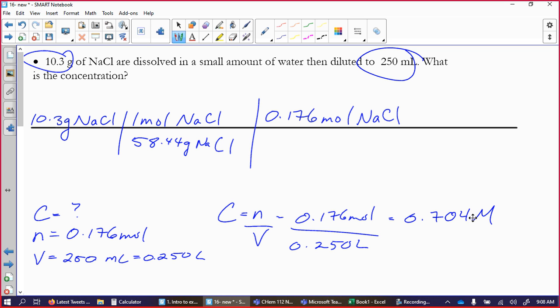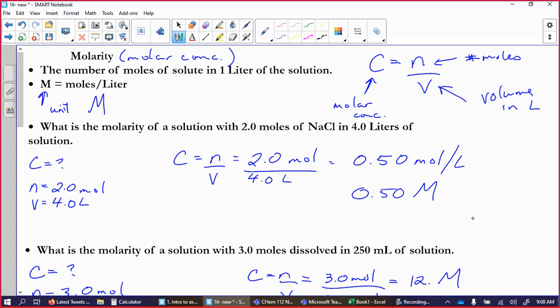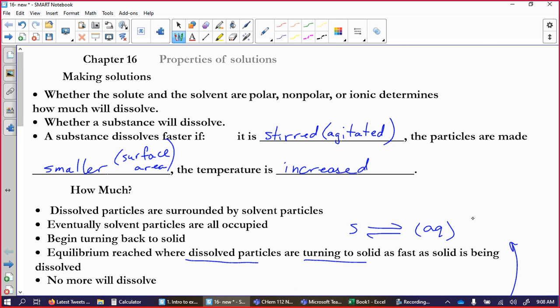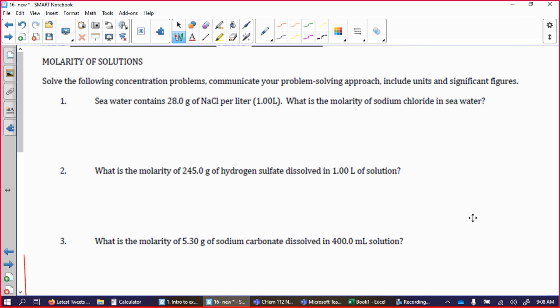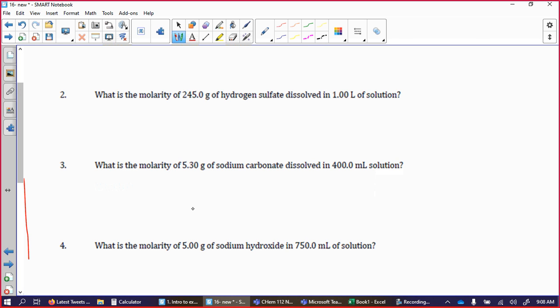So the first sets of calculations, that's as complicated as it can get. That type of question. Oh, I guess those are down below. Sorry, my bad. Salt water contains 28 grams. Convert grams to moles and divide by 1. Convert grams to moles and divide by 0.4.